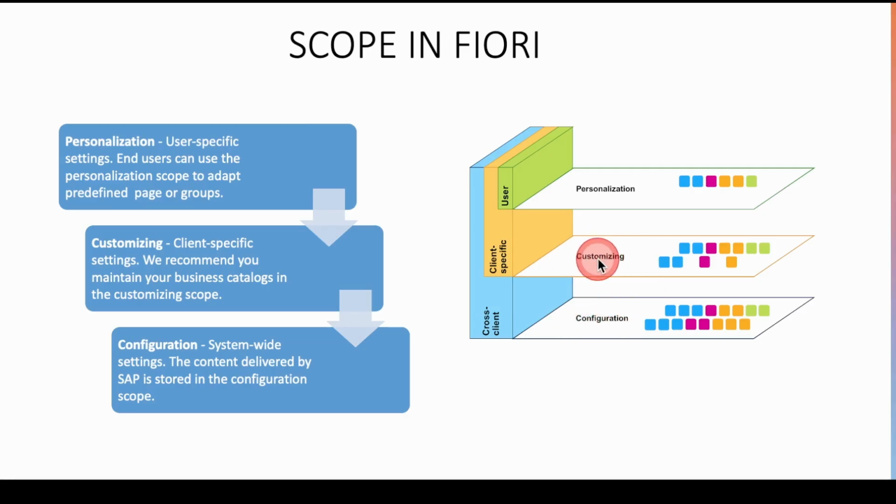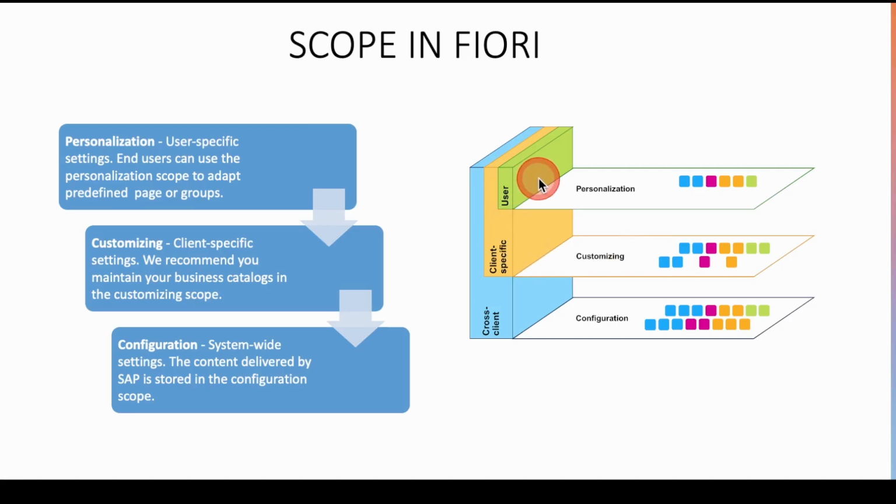So this is why it's important that all the changes, be it related to catalogs, tiles, tile names, or target mappings, anything should be done in customizing scope. And this is where most of the development around security and administration will be done.